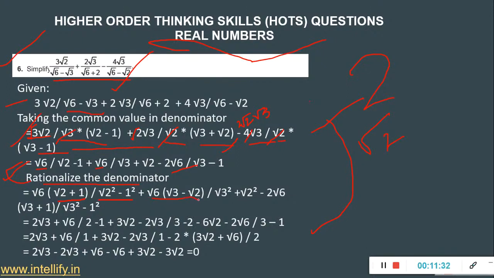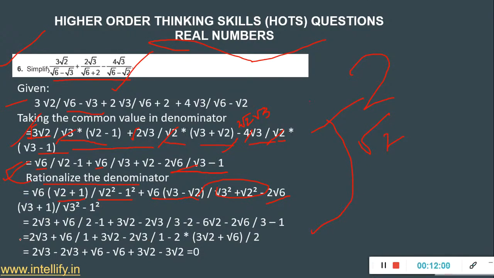In the next value it is root 3 minus root 2, it will become root 3 plus root 2, and the same value gets multiplied and divided. And in the third value, it is root 3 plus 1 in the denominator, that will become root 3 minus 1, and the same value gets multiplied and divided with this term. In the next step, we will further solve it.